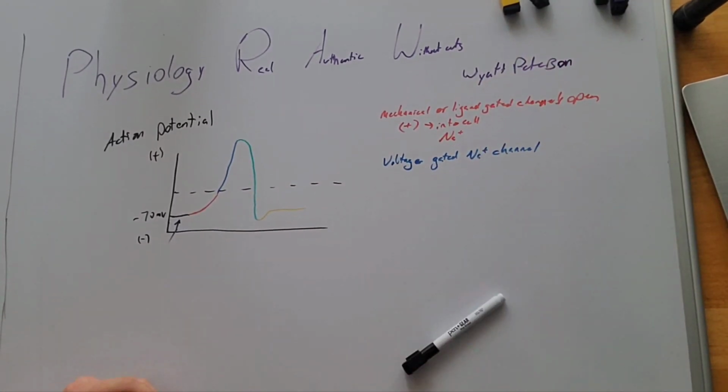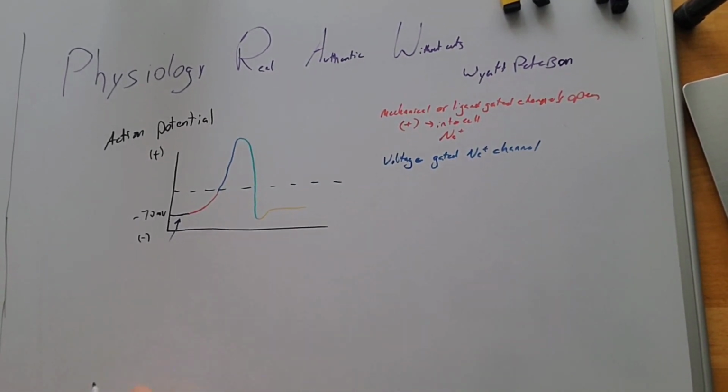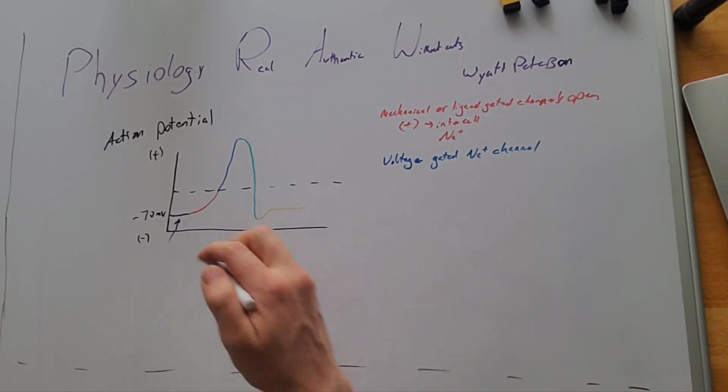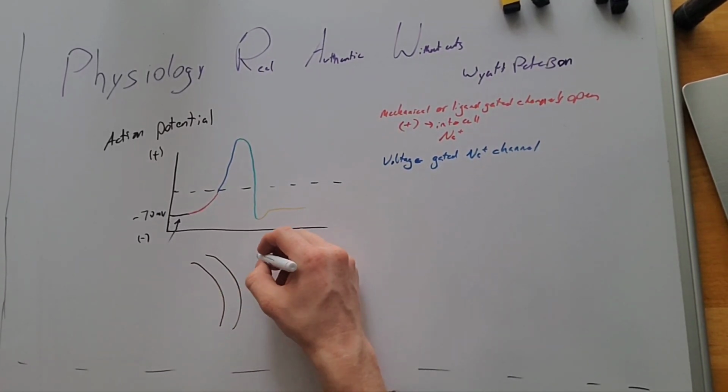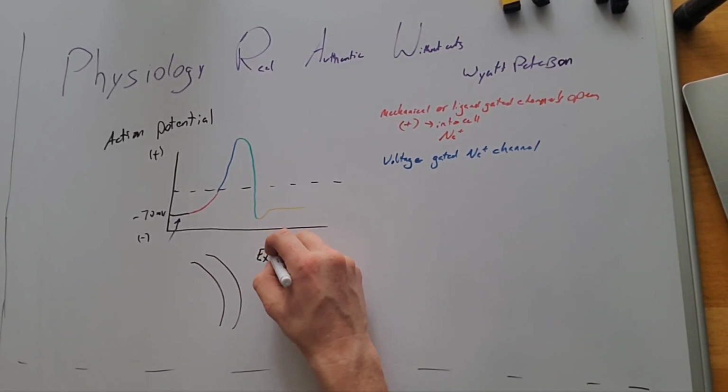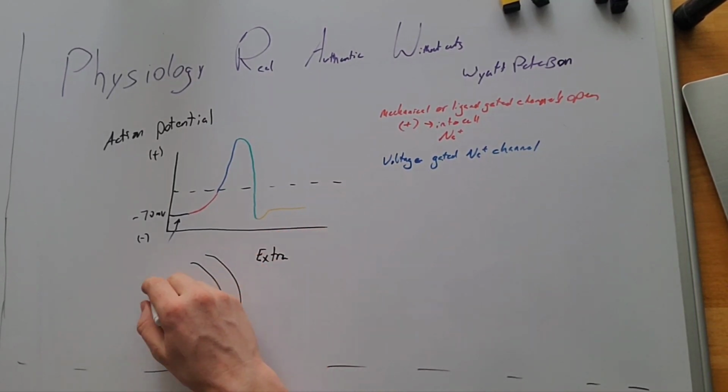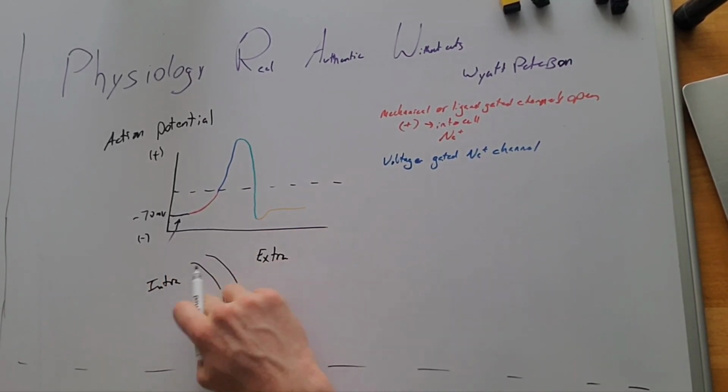So I'll draw a little diagram of the membrane so we can visualize what's going on. Let me just make a border for myself right here. There you go. So here is part of the cell. We'll call this extracellular and then intracellular.